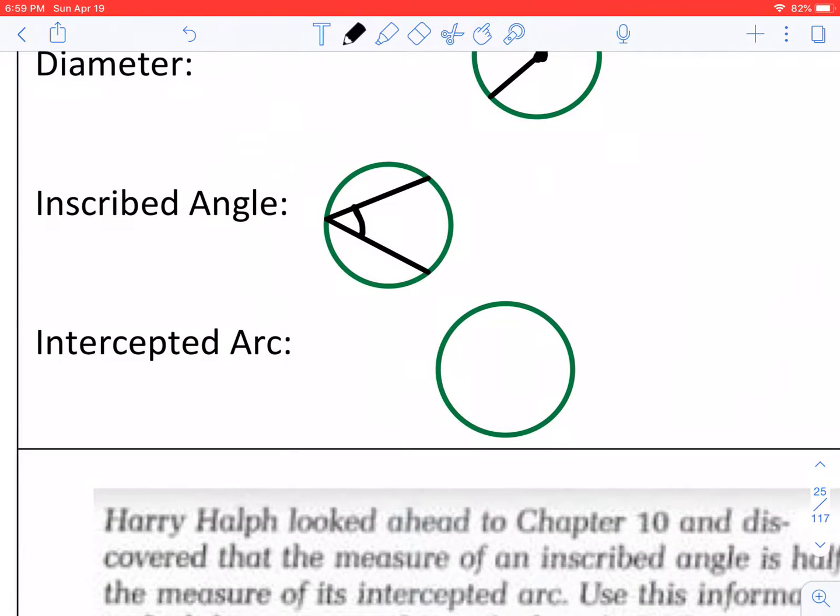And then an intercepted arc: when you have an inscribed angle, or any angle for that matter, inside of a circle, we have an intercepted arc. And so the intercepted arc in this case would be this little piece right there. Maybe I better use red here.